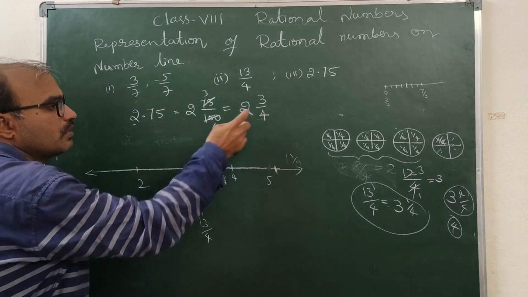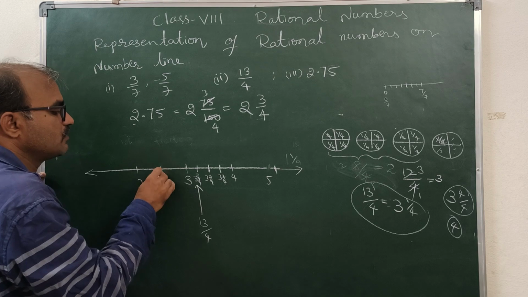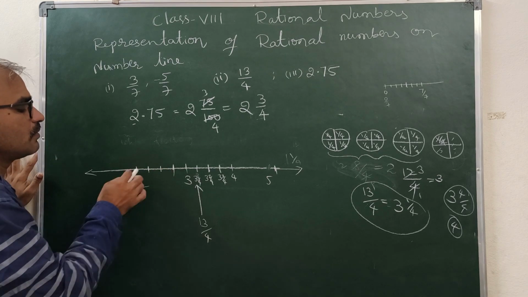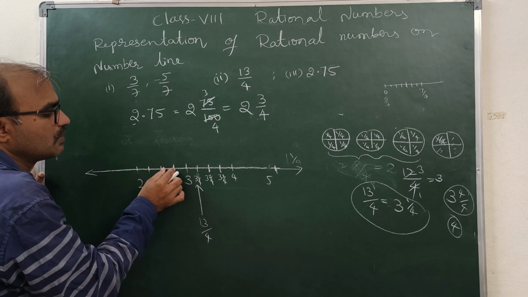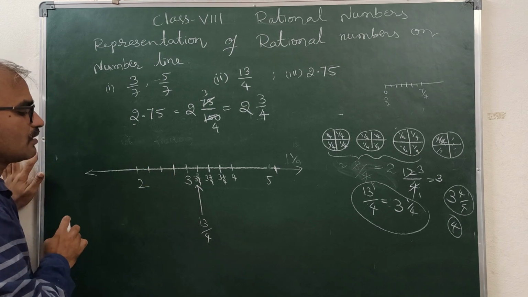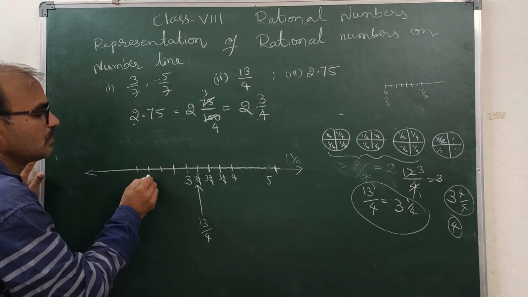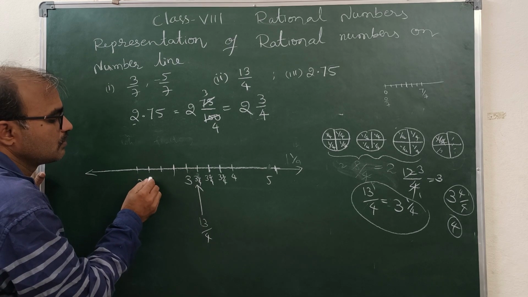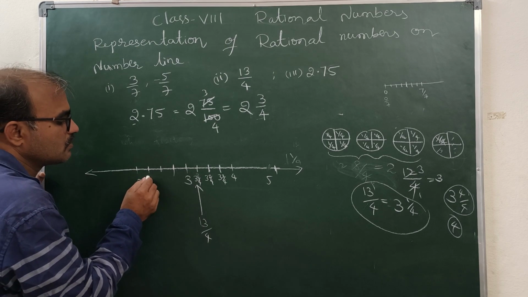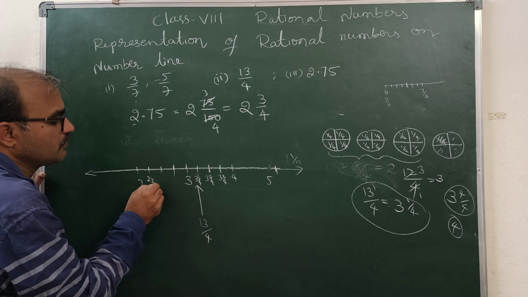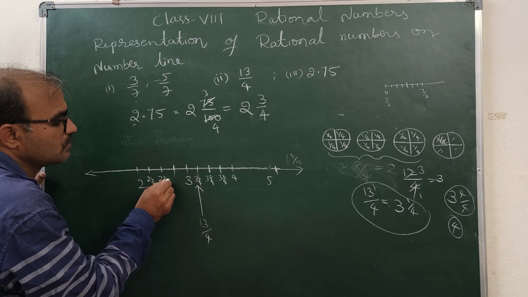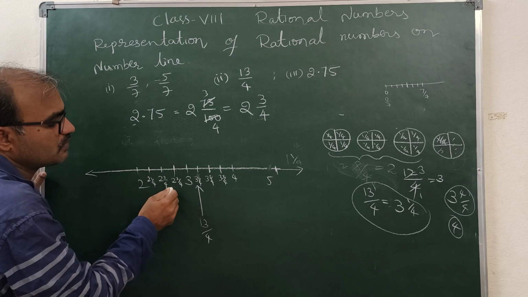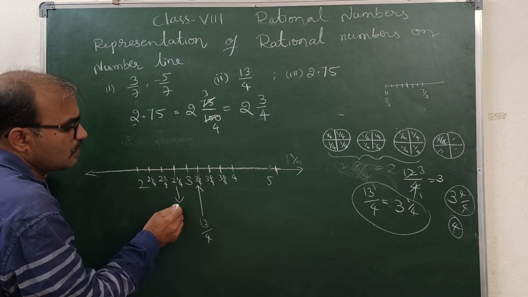Again one whole should be made into only 4 parts. Here 1 part, here 1 part, here 1 part, right? So 4 equal parts are made: 1, 2, 3, 4. This is 2 wholes, 1 fourth. This is 2 wholes, 2 fourths, 2 wholes, 3 fourths, nothing but 2.75.